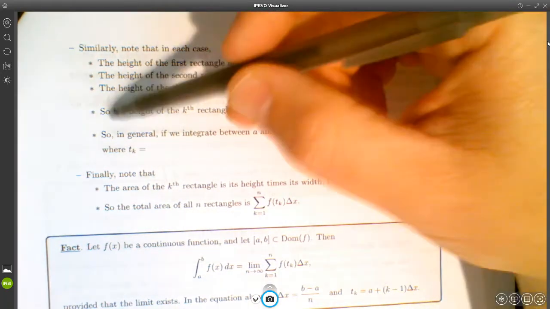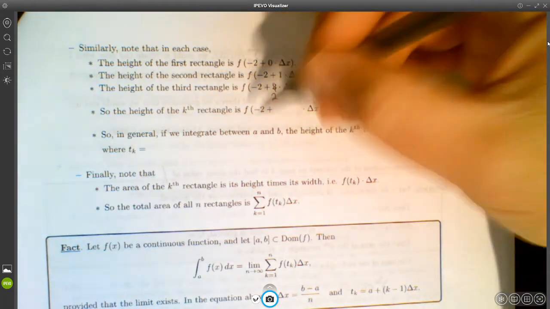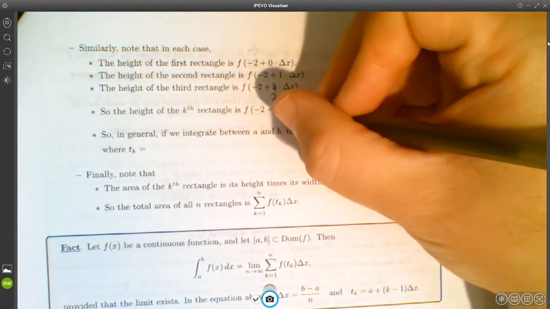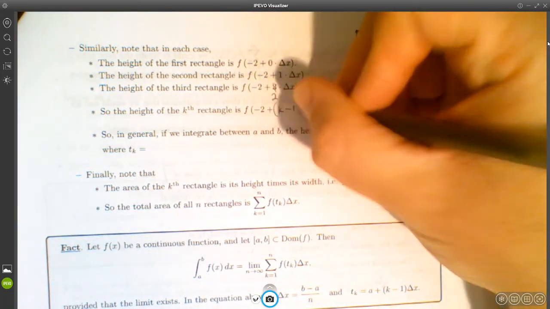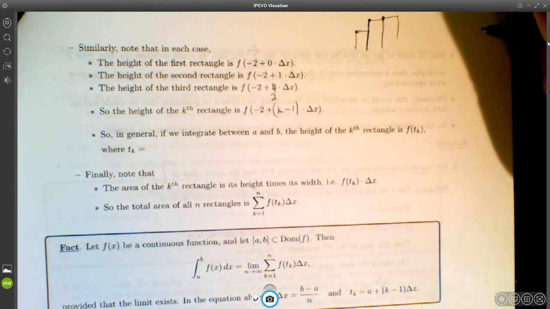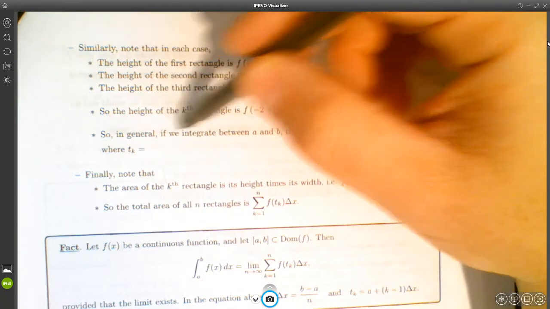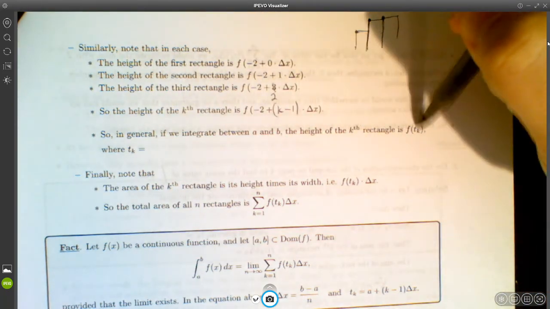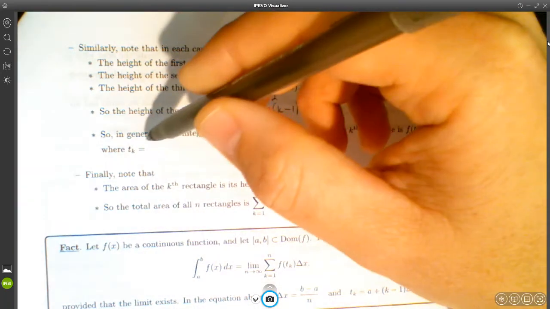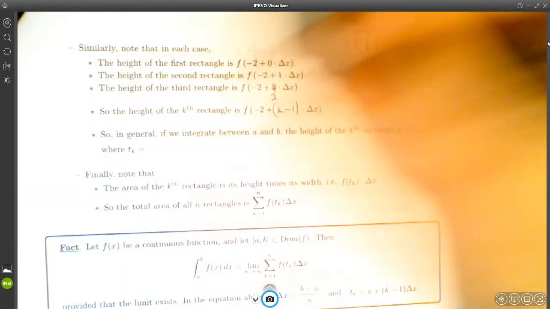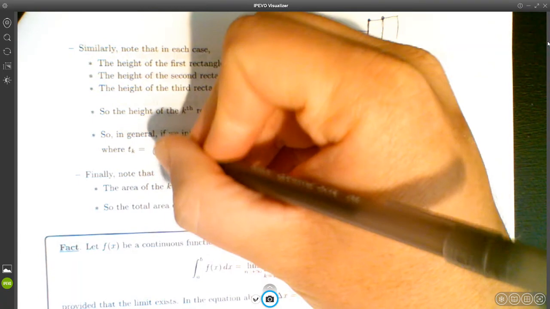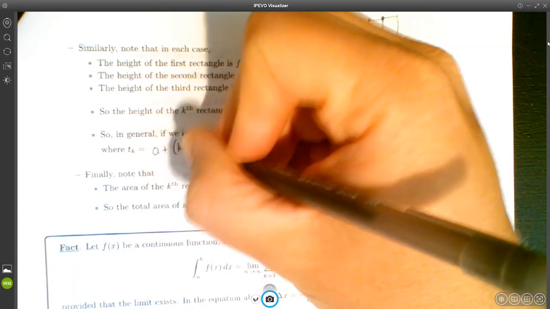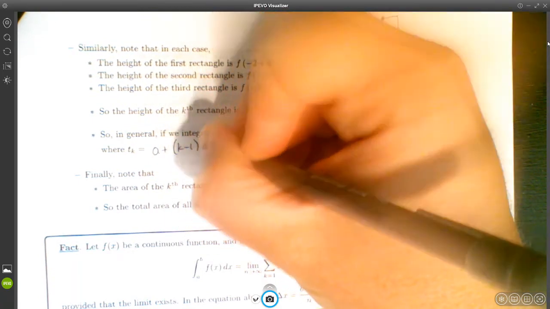So in general, the height of the kth rectangle is going to be -2 plus k minus 1 times the width of the rectangles. So in general, if we integrate between a and b, and the height of the kth rectangle is f of t sub k, then t sub k must be a plus k minus 1 times delta x.